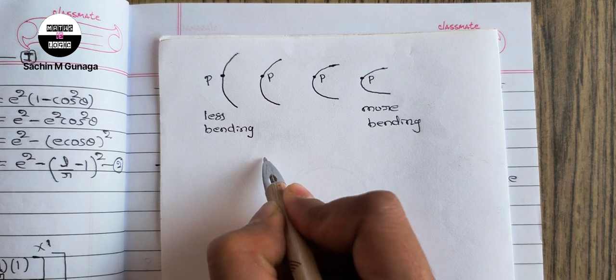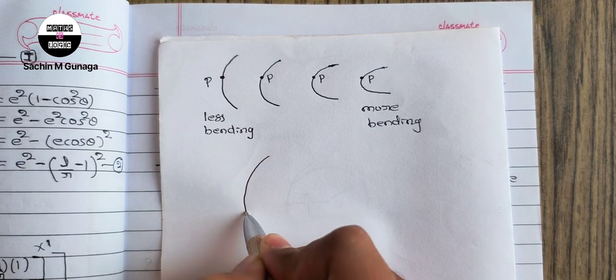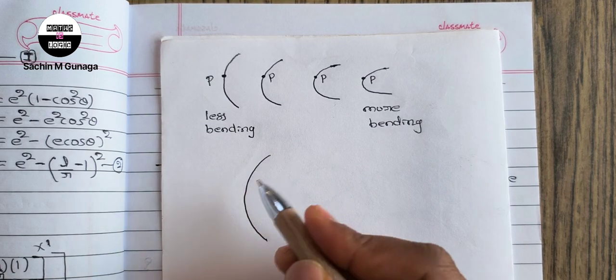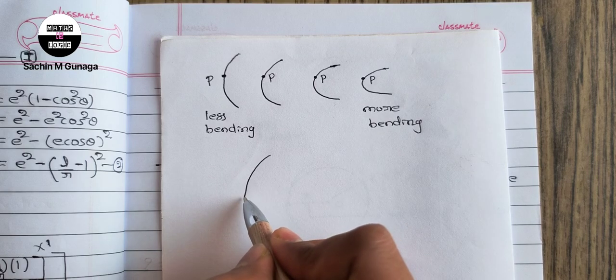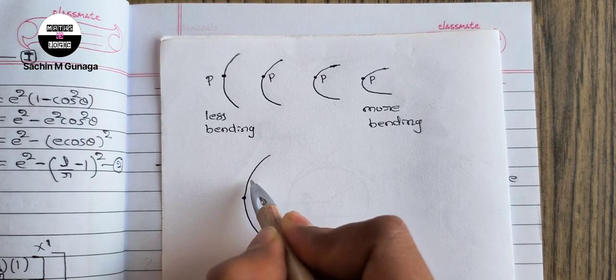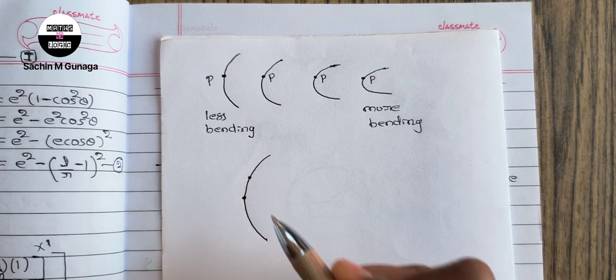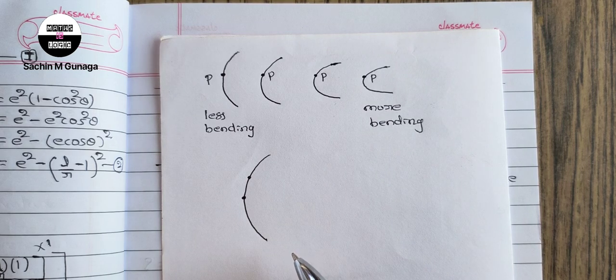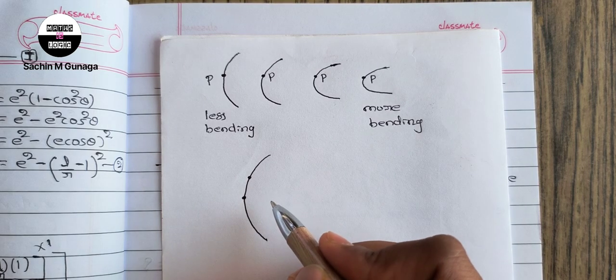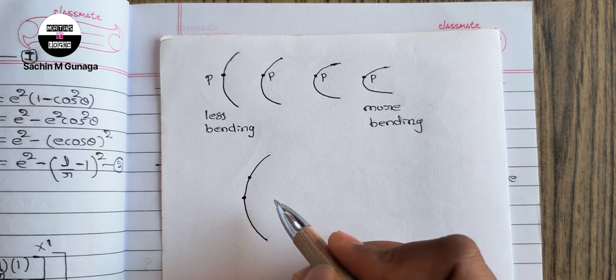So next, consider the curve. On this curve I am going to consider 2 points. Now in between these 2 points the curve is bending, correct?